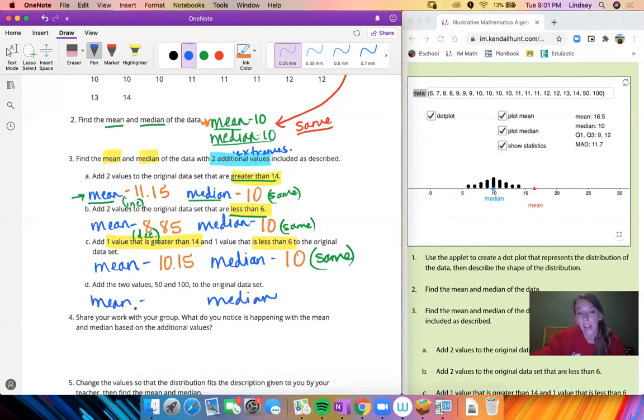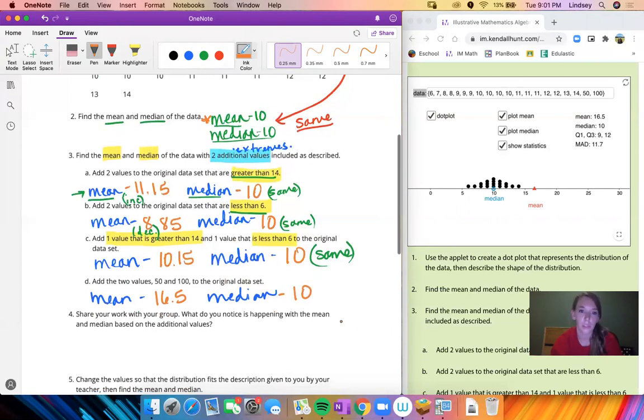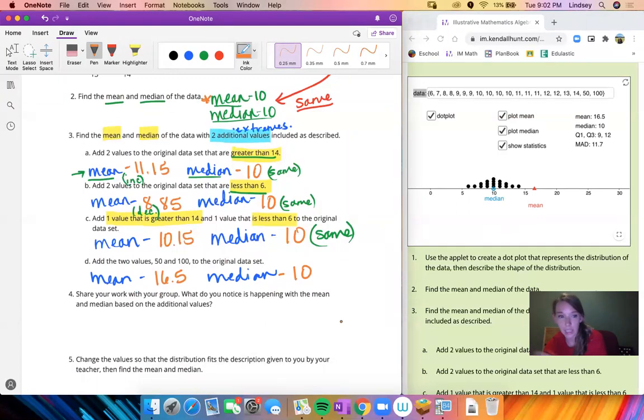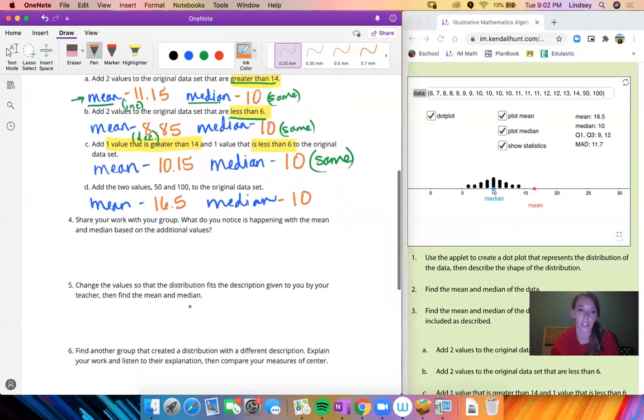When we added this high number, our mean increased from the original, 16.5, which started out as 10, and the median is still the same. What do you notice is happening with the mean and median based on the additional values?